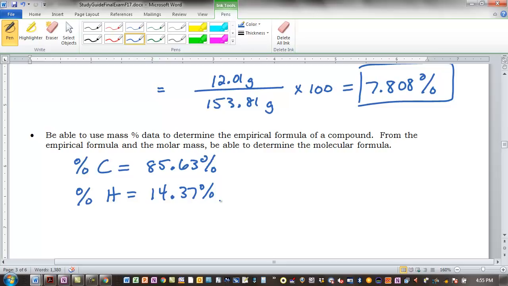Those are the percentages. Calculate the empirical formula.